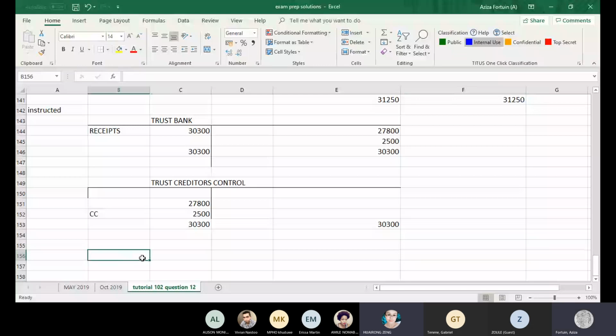So close off, carry down 1,900. Okay, that's correct. So how does that 1,900 balance with my client control account? You see, that 1,900 must actually balance with this 1,900 here. That's why I say something is wrong with the client control account.